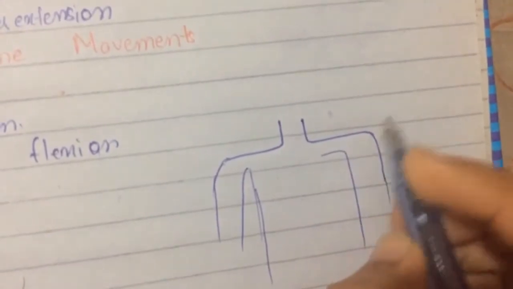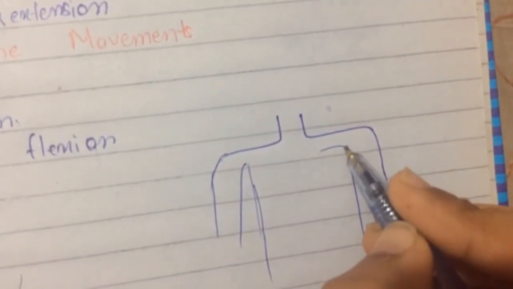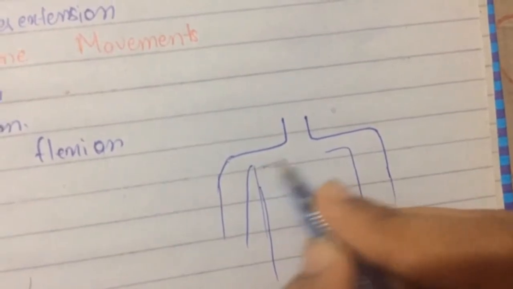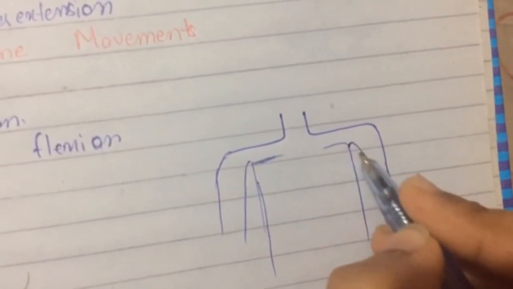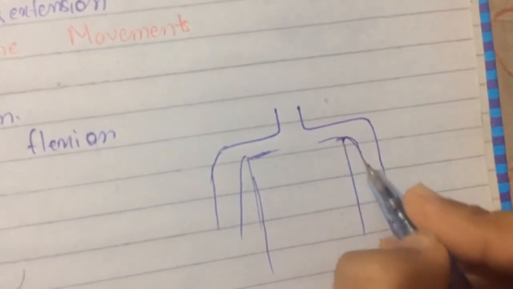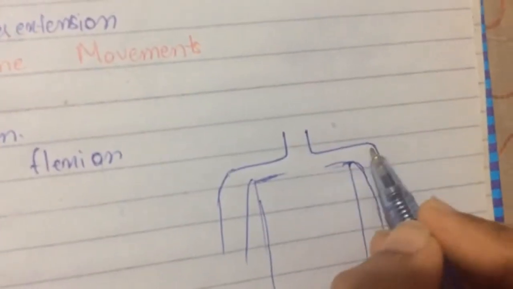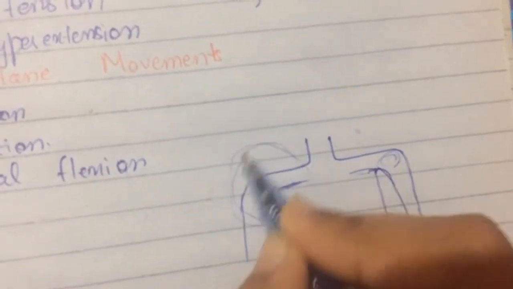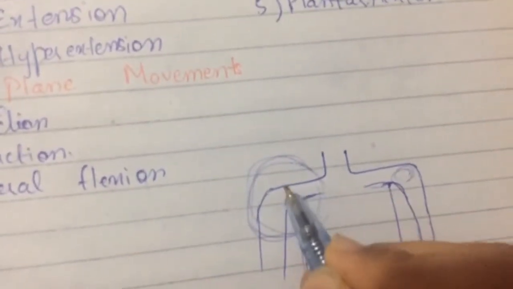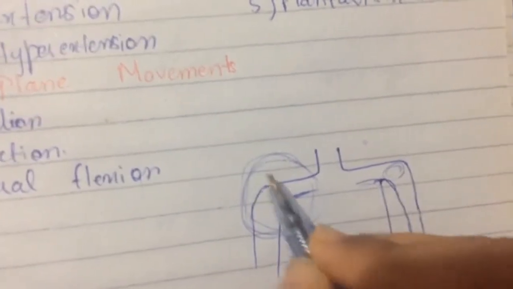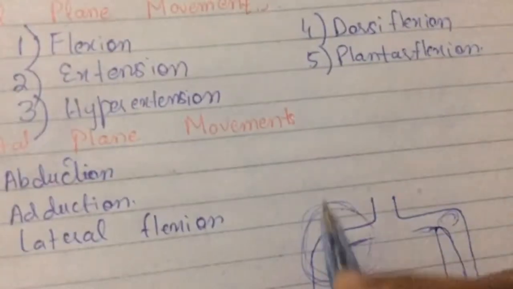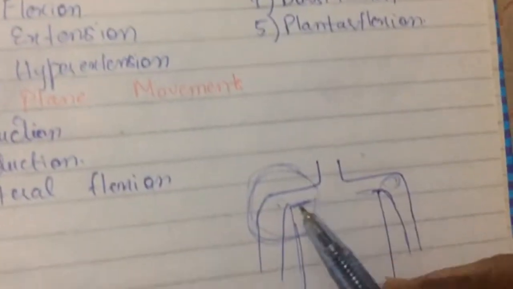Sorry, I'm bad at drawing. This is the shoulder girdle. The shoulder girdle includes the clavicle, scapula, humerus and other shoulder bones. Many things are included in the shoulder girdle.